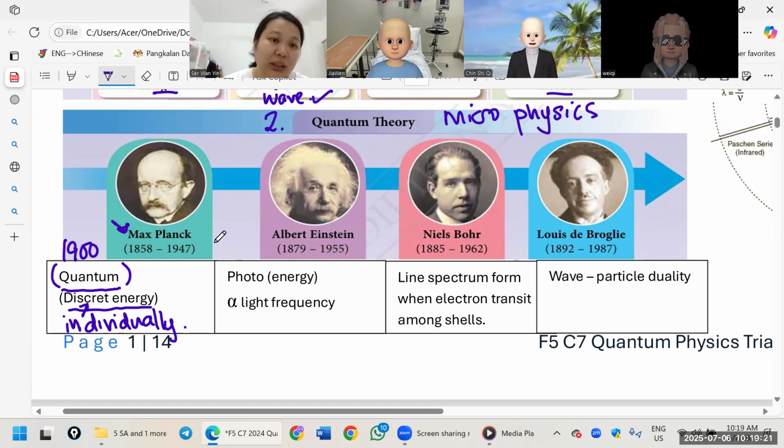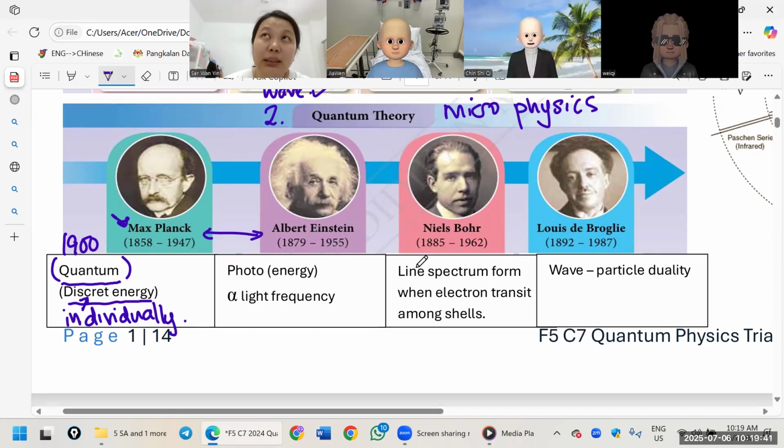This is explained further by Albert Einstein. They were good friends at that time. Albert Einstein completed the idea of quantum.